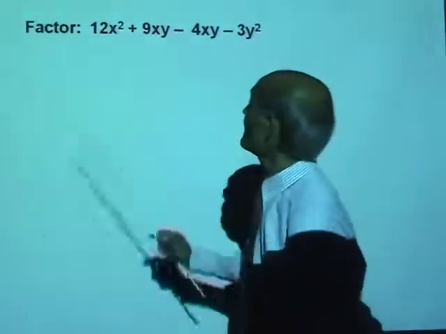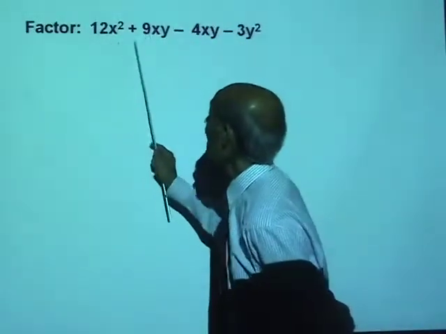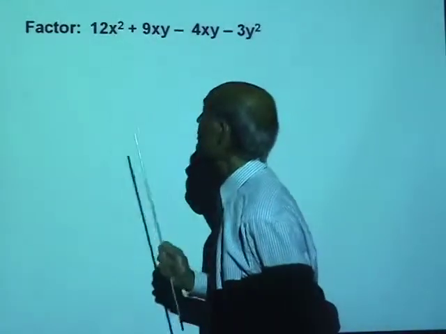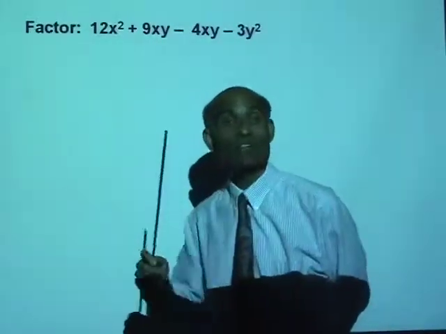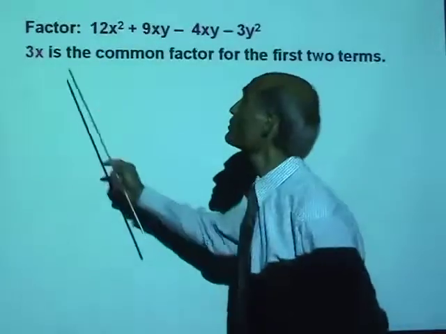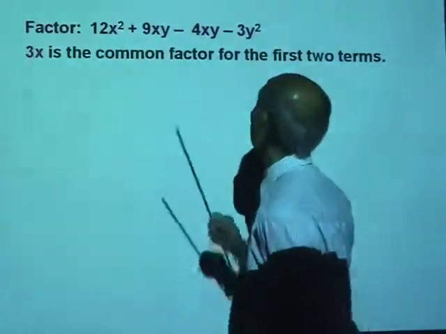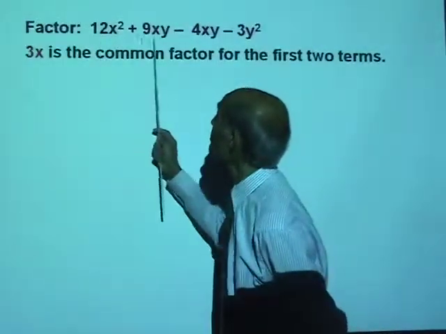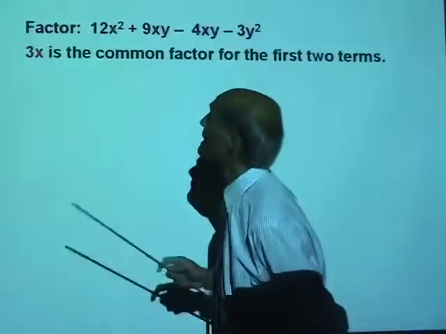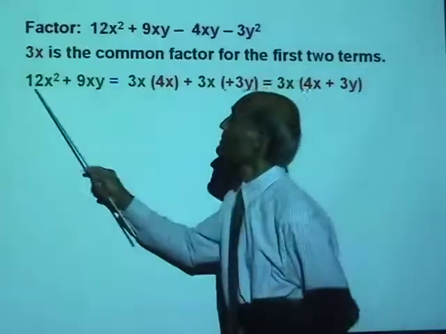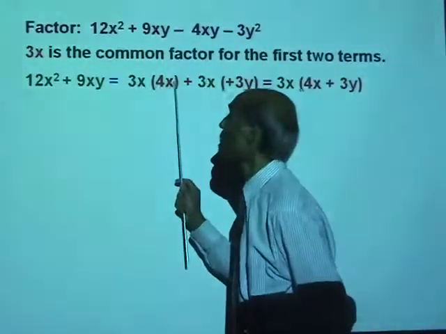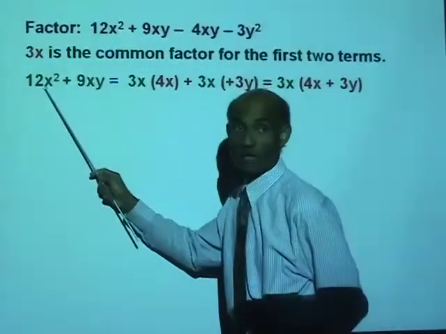Well, 12 and 9, common factor is 3. X squared and x, the common factor is x. So 3x is the common factor for the first two terms. And let's write the first two terms using 3x as the common factor. 12x squared is 3x times 4x. Alright?